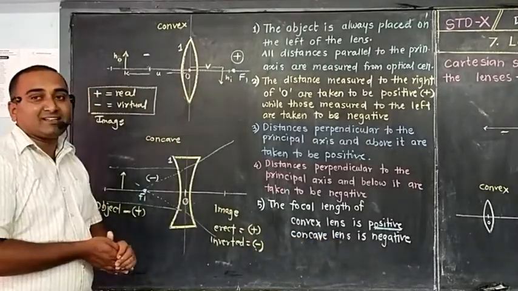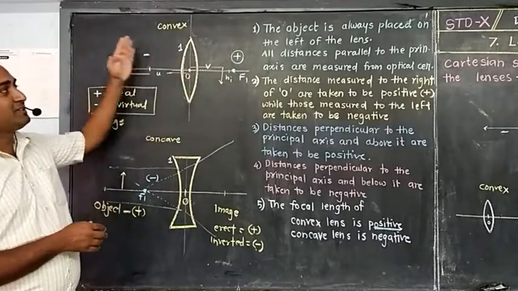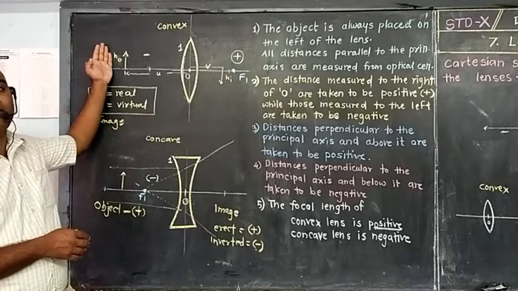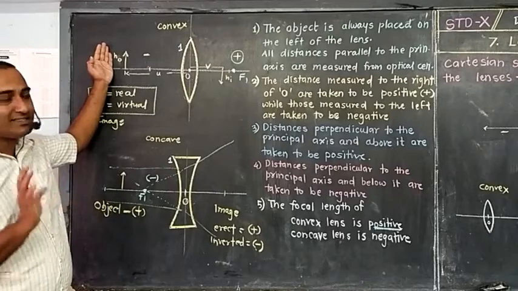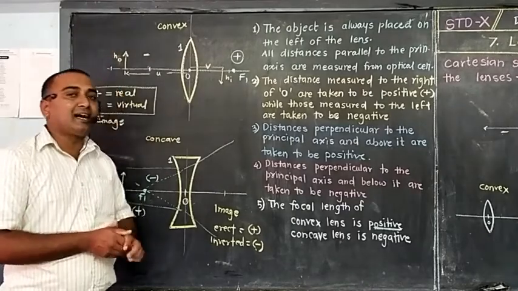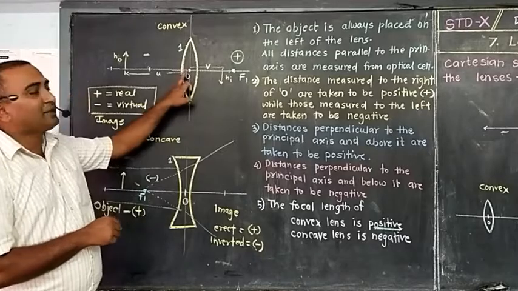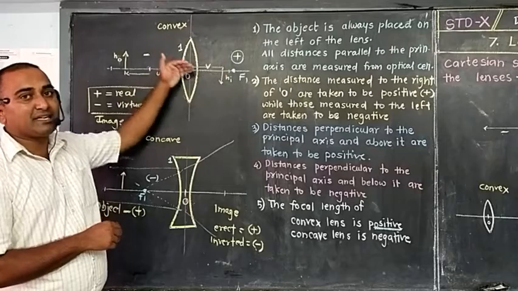So which are the sign conventions here? The first is that the object is always placed towards the left of a lens, so the object distance is always negative. All the distances parallel to the principal axis are always measured from the optical center, wherever you go, right side, up side, down side.